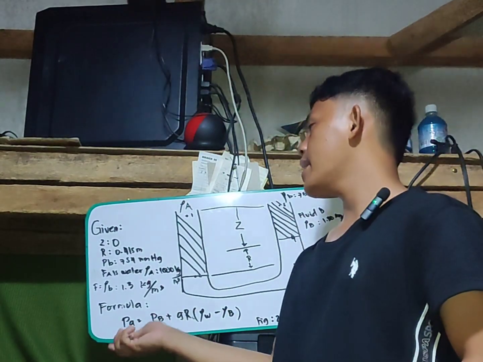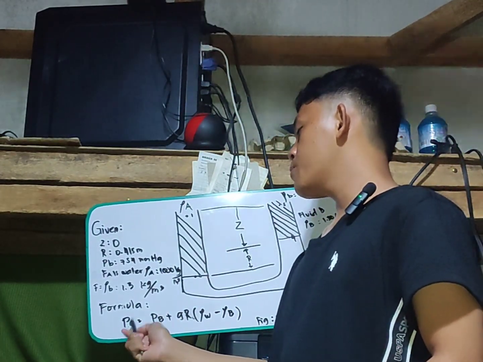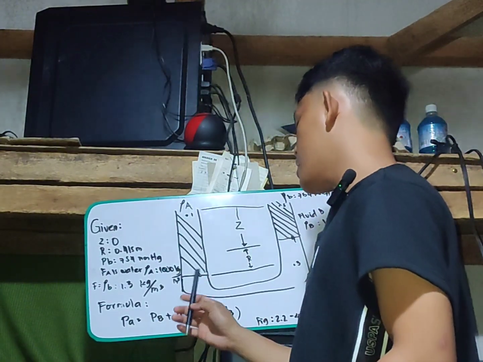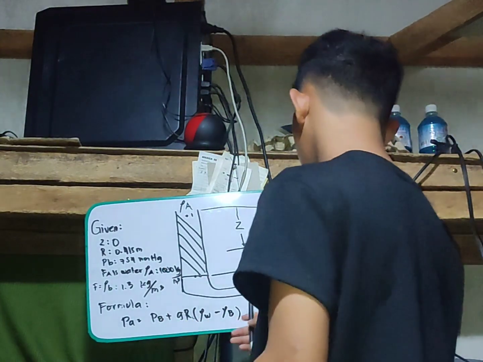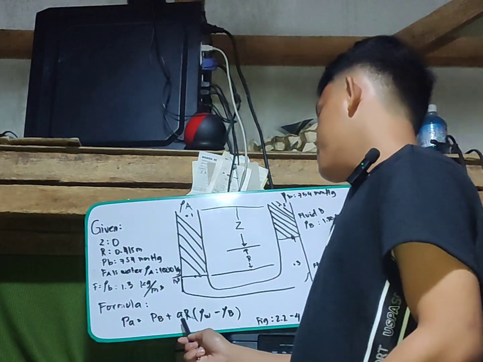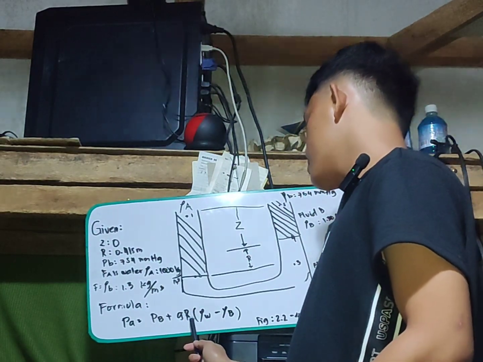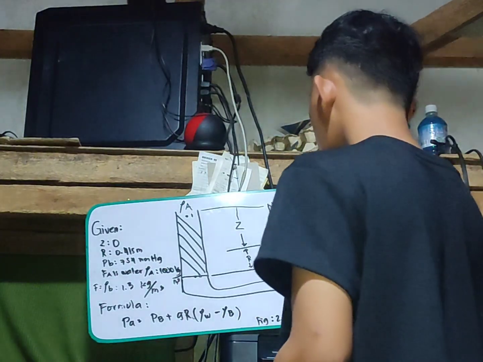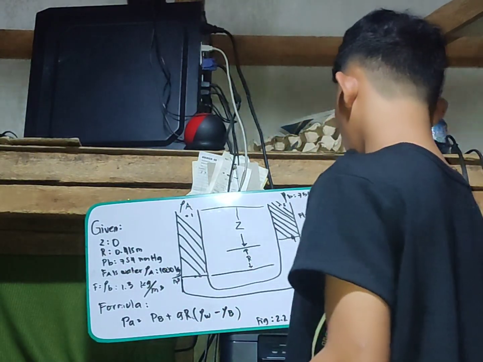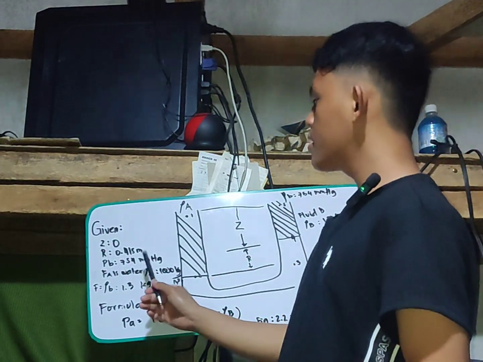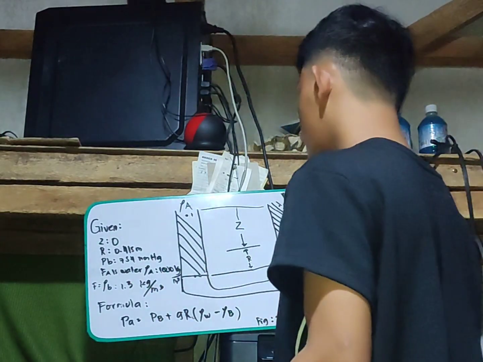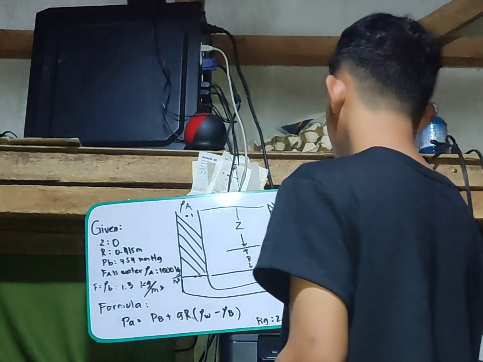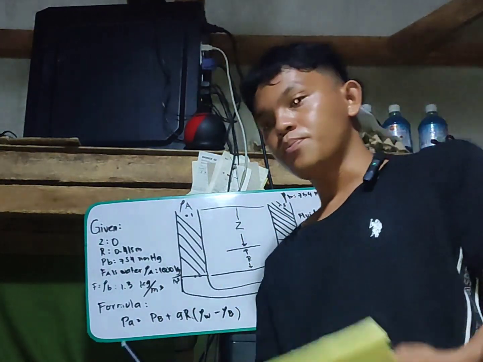So, our formula is pressure A is equal to pressure B plus gravity, times R, times the density of our fluid A, the water, minus our fluid B, this one.